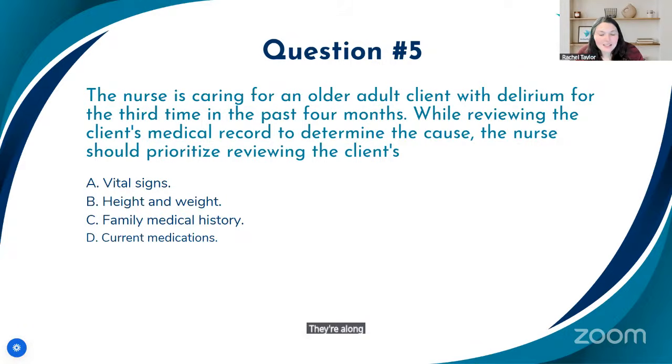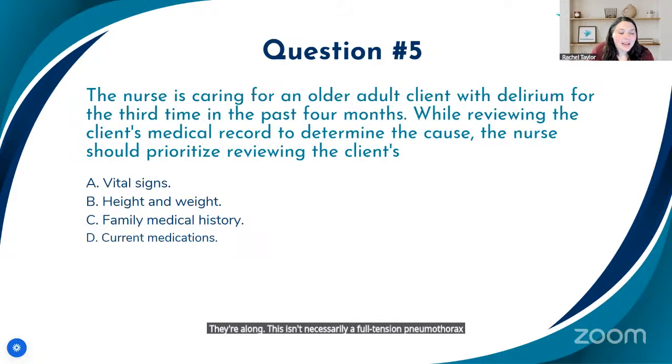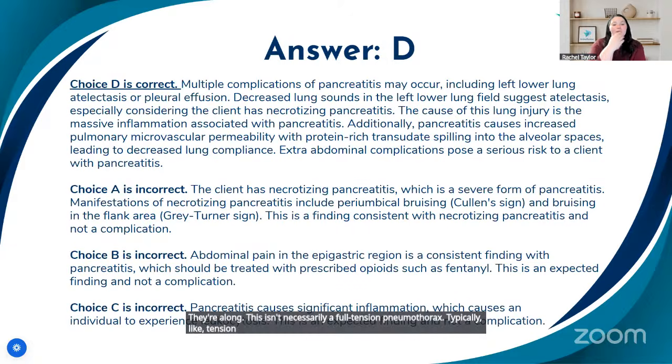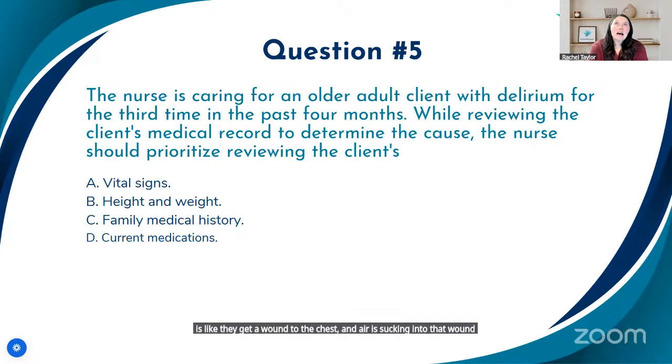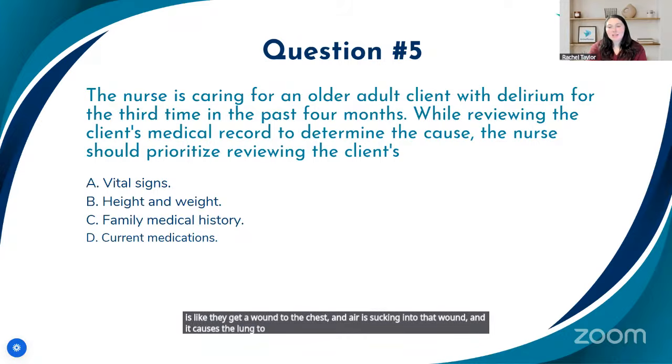This isn't necessarily a full tension pneumothorax. Typically, tension pneumo is more like they get a wound to the chest and air is sucking into that wound and it causes the lung to collapse. It's typically more traumatic, if that makes sense.